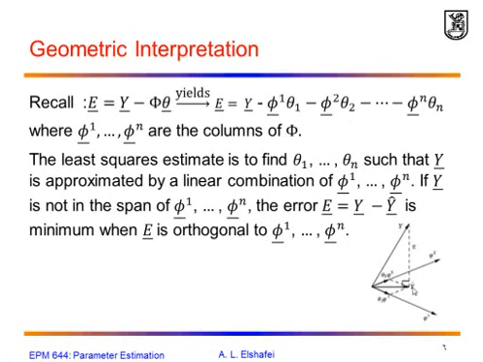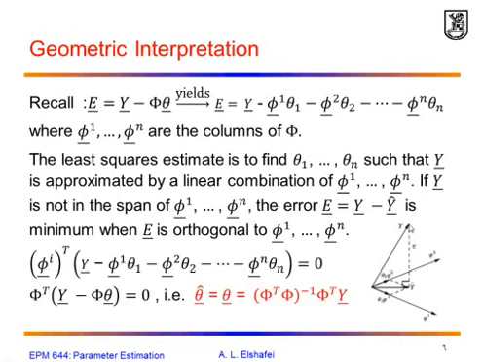Now we know from solid geometry that this vector is minimum if it is perpendicular to the plane of phi 1 and phi 2, or in other words, the shortest distance between the tip point here of y and the plane would be the perpendicular distance, which is defining E here.